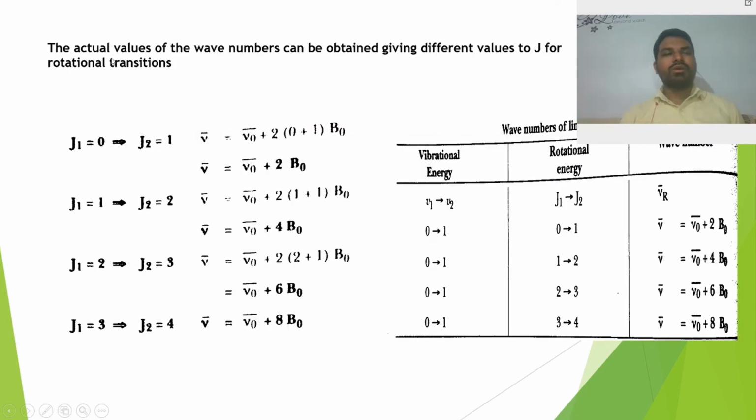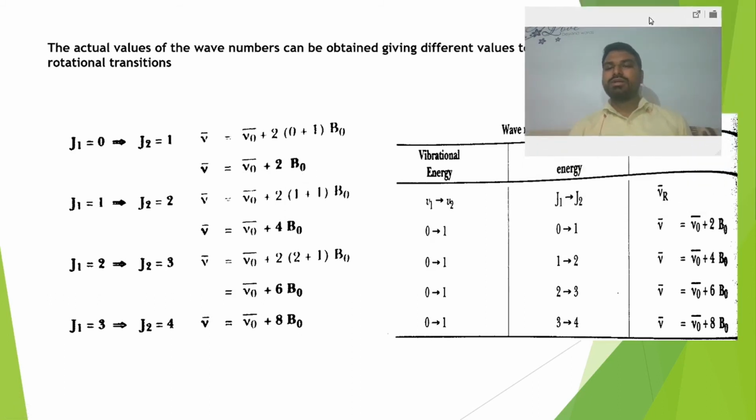Now the actual values of wave numbers can be obtained by giving different values to J for rotational transitions. If J1 equals 0, then J2 will be 1. ν bar equals ν0 bar + 2(0 + 1)B0, so the value will be ν0 bar + 2B0.